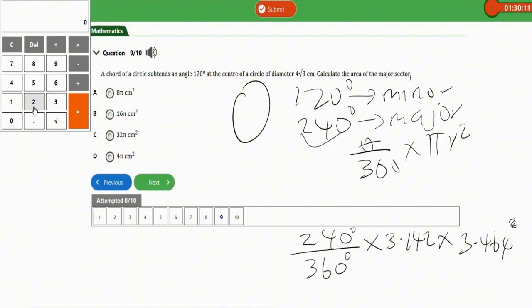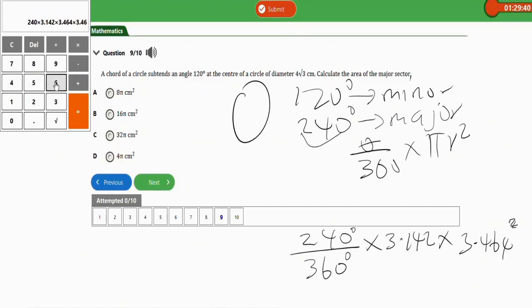This will give us 240 times 3.142 times 3.464 times 3.464.